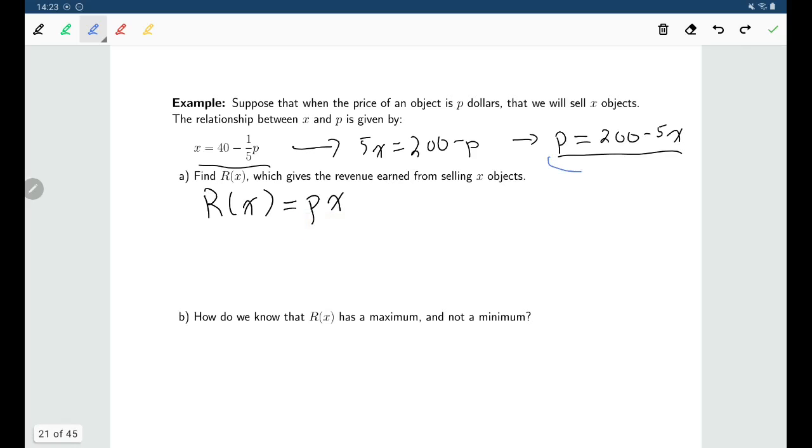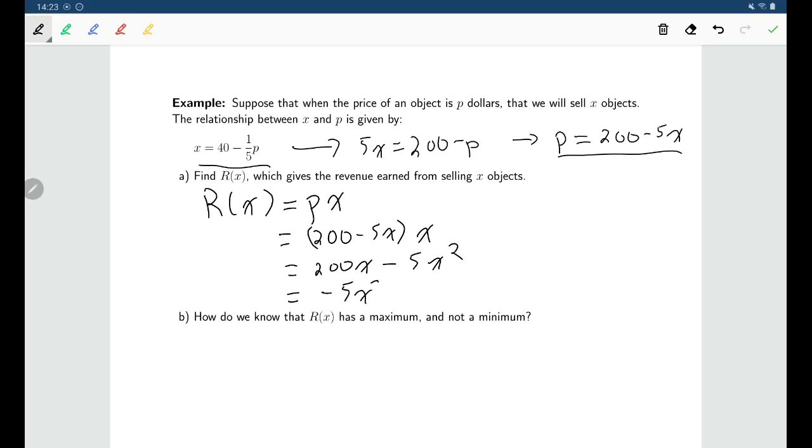So that's where I'll use my demand equation. I know that P is the same thing as 200 minus 5X. So I'll be able to replace P with 200 minus 5X. And that gives me my revenue equation of 200x minus 5x squared, or if I write it as negative 5x squared plus 200x, there we go.